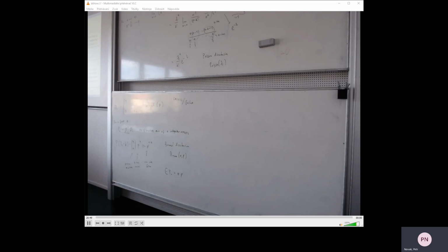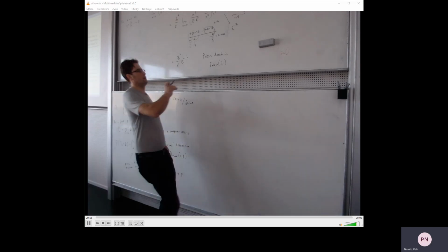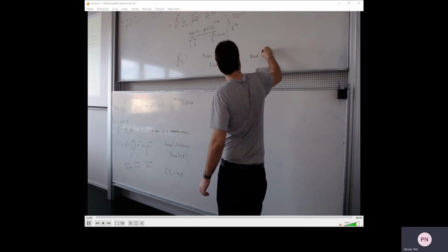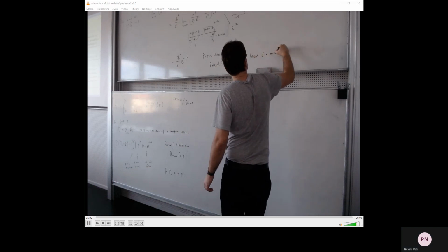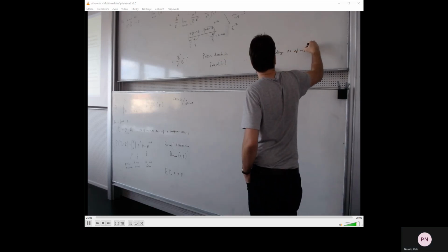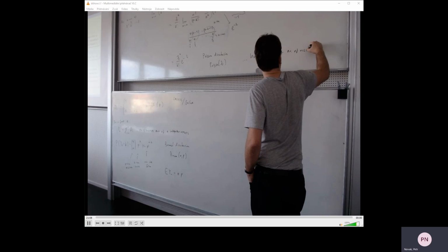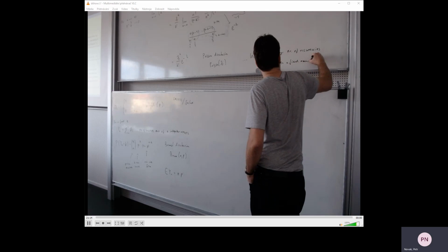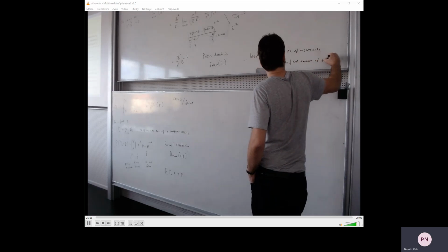Now, it can be shown that this is used for modeling the number of occurrences in a fixed amount of time.